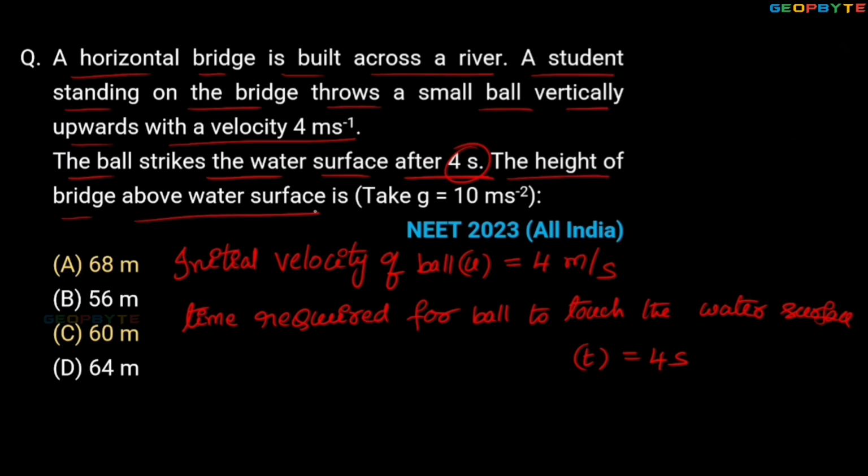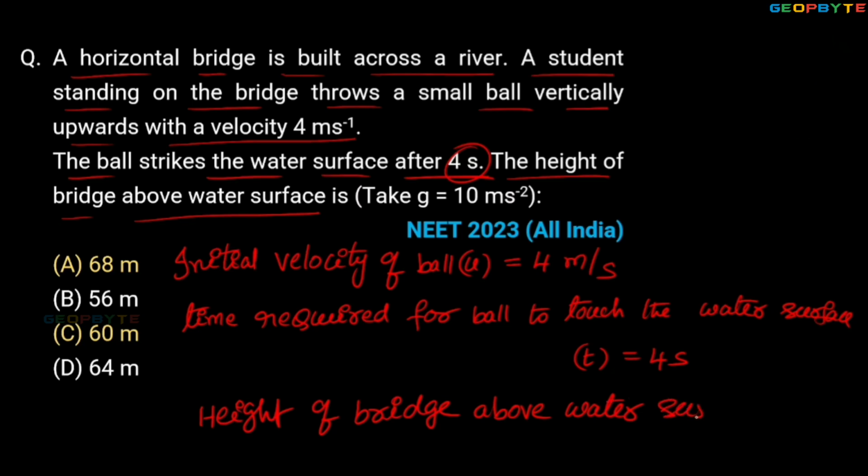What is the height of the bridge? Height of bridge above water surface, h equal to how much? And you're asked to take g, acceleration due to gravity, equal to 10 meters per second square.